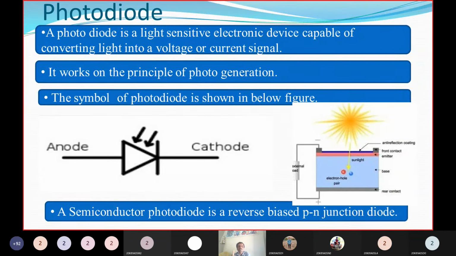One more thing to remember: the depletion layer should be wide. If the width of the depletion layer is more, the response time of the photodiode will be very high.